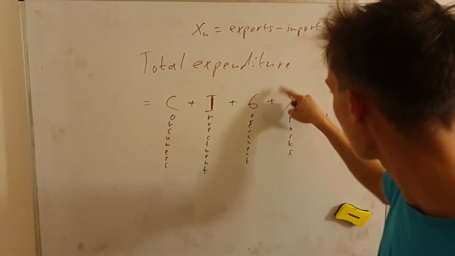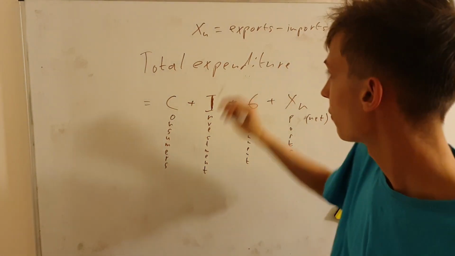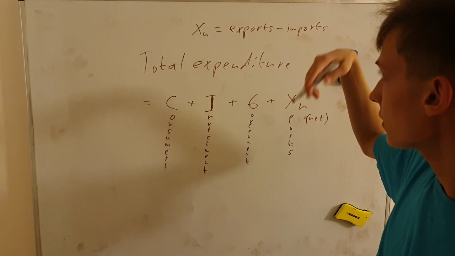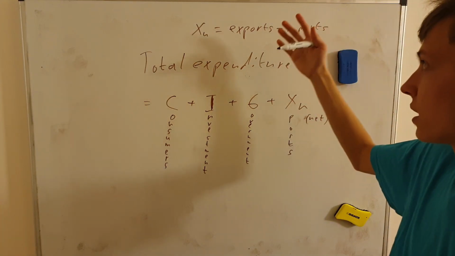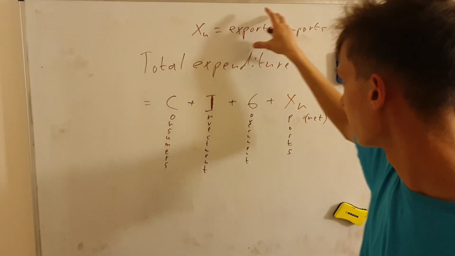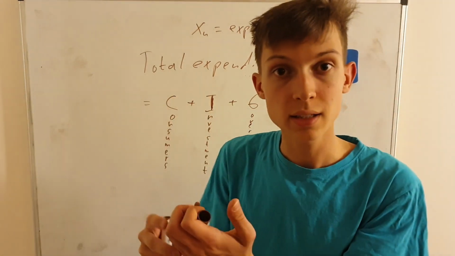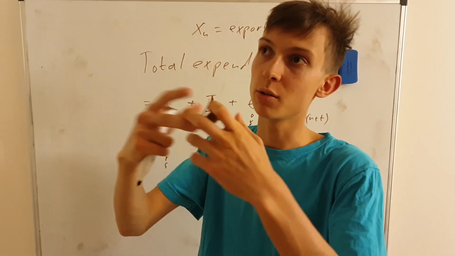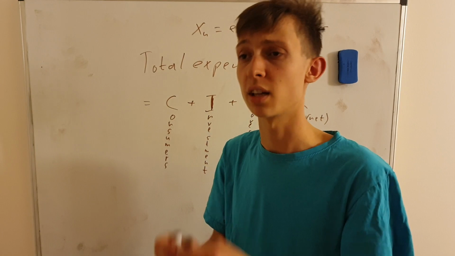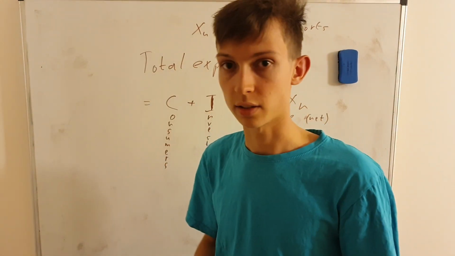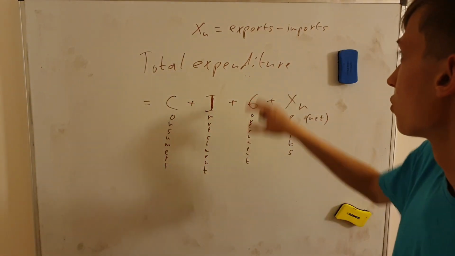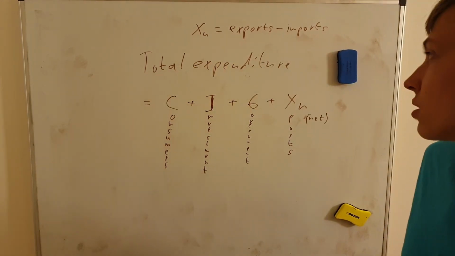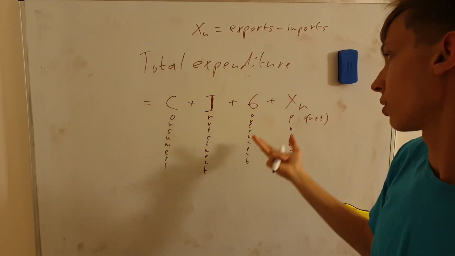So that means that this last value will be positive. Therefore, net exports is basically exports, so that's all the expenditures that are coming from outside, minus what we're in reverse also doing to the outside, that we're also buying foreign goods as a country. So the bigger exports are compared to imports, the better, the more it raises the total expenditure.